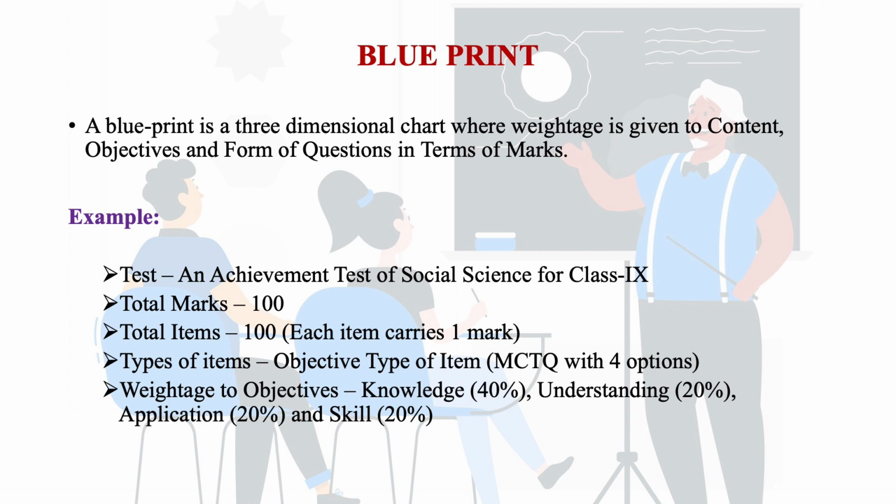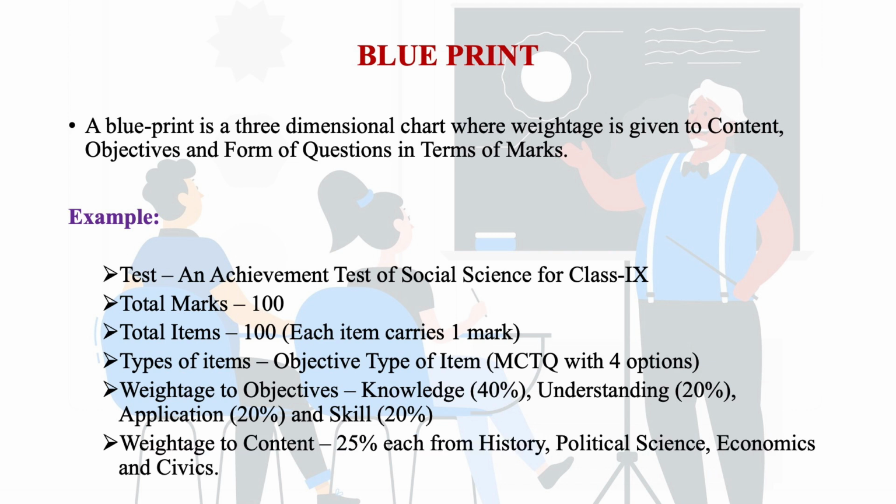Then weightage to the objectives: knowledge objectives get 40% weightage, understanding objectives get 20% weightage, application is also given 20% weightage, and skill is also given 20% weightage. Then weightage to content: 25% weightage is given to each of history, political science, economics and civics.